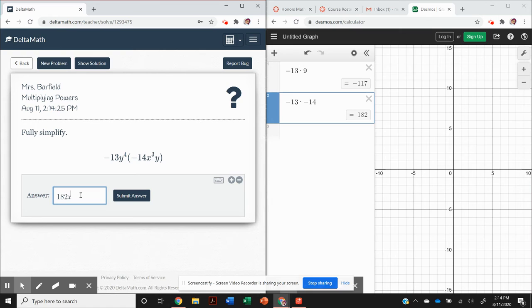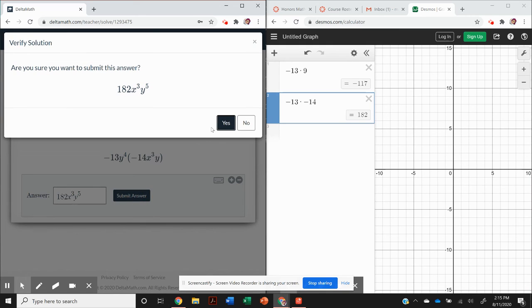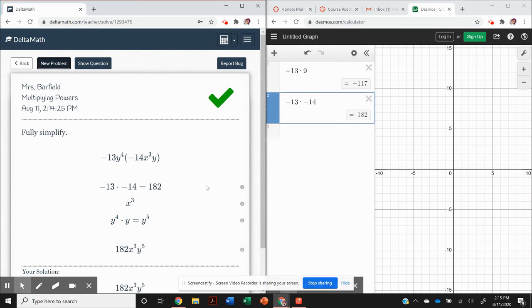So Shift 6, x to the third. And then y, Shift 6. I'm going to add 4 plus, okay? Now, there is no exponent over here, okay? There is no exponent right there. There secretly is, okay? It's what we call an understood 1. So 4 plus 1, 5. Submit my answer. Yes. There we go.